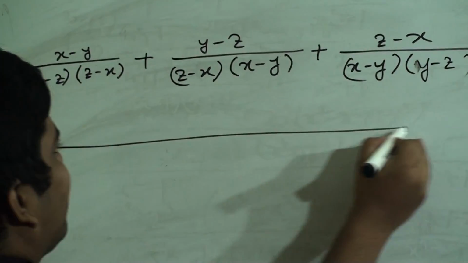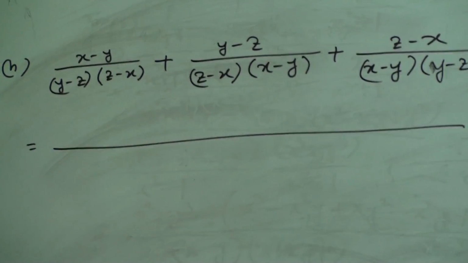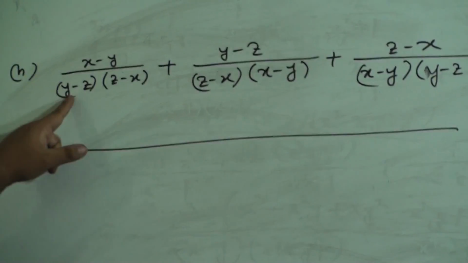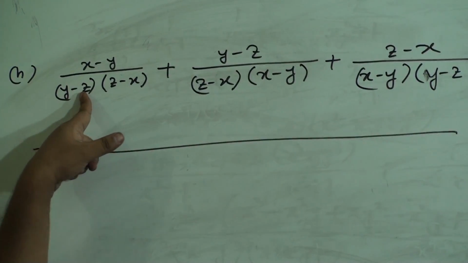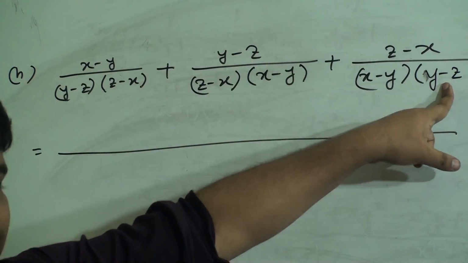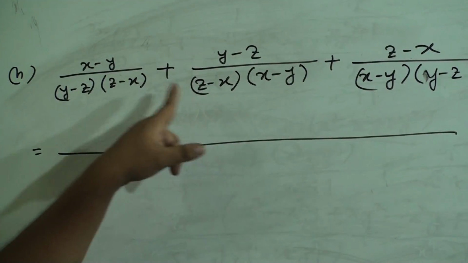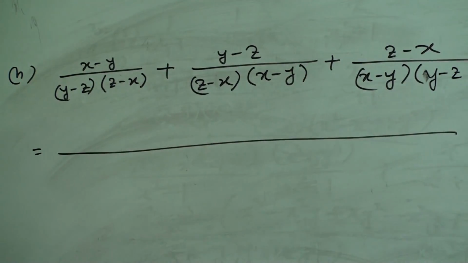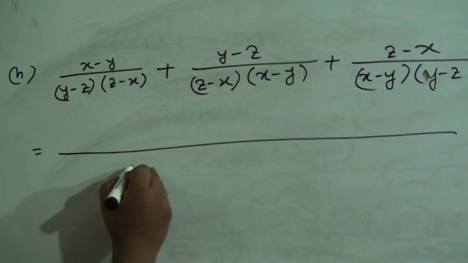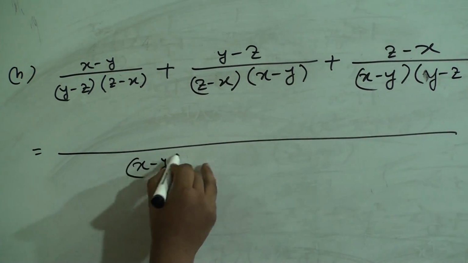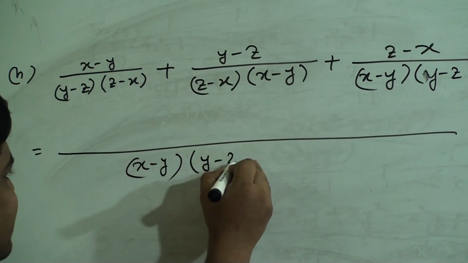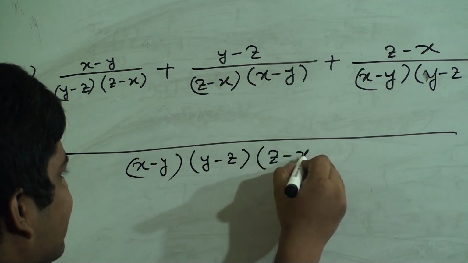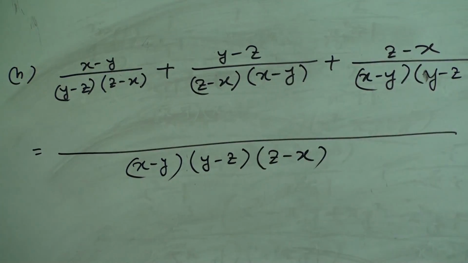Okay, now we take LCM of the denominator. So y minus z, y minus z, z minus x, z minus x, x minus y, x minus y. That means we take common terms and uncommon terms also. So x minus y first, then y minus z, then z minus x. Okay my dear student, this is the LCM of the denominator.